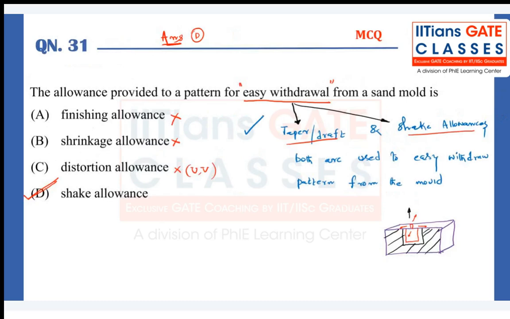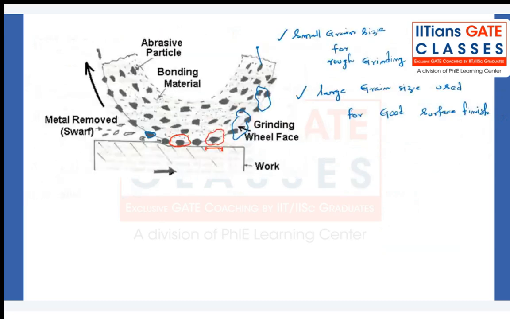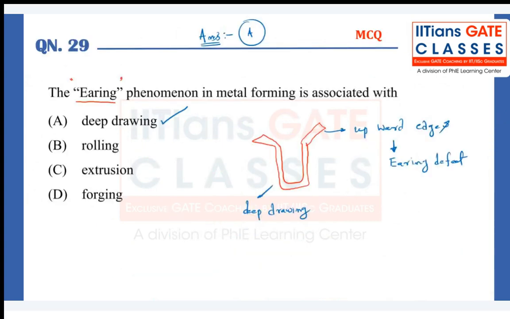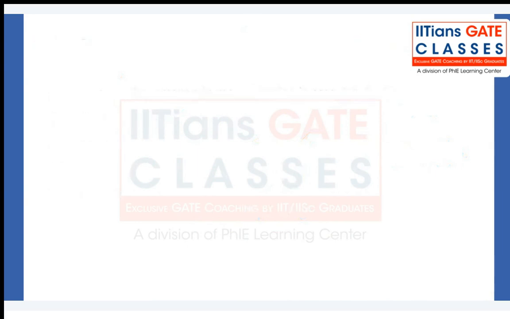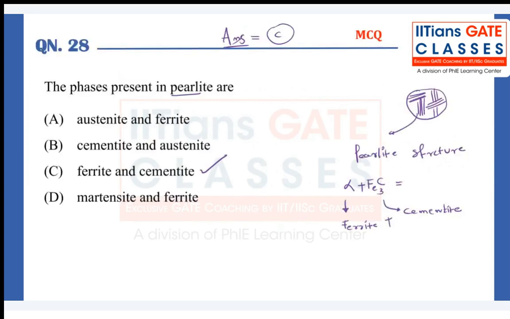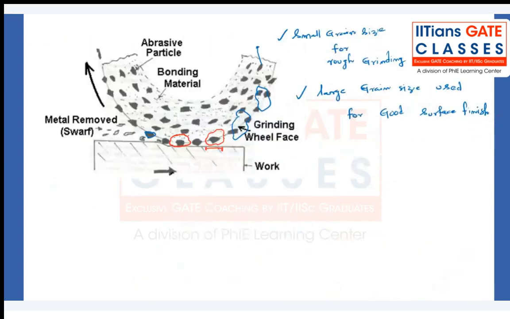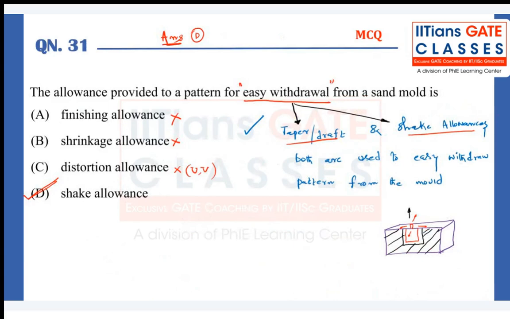And it is a question from casting. Now here, a question from machine tool operations. Now it is a question from metal forming. So every chapter has weightage. That is why it is a material science question. I hope you understand, guys.